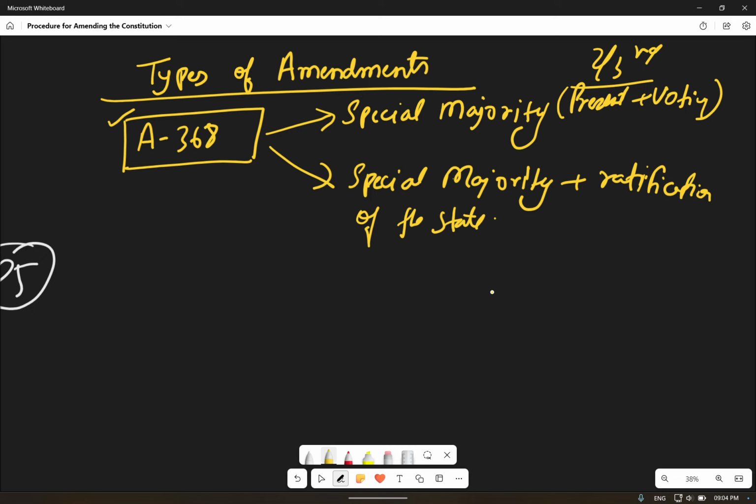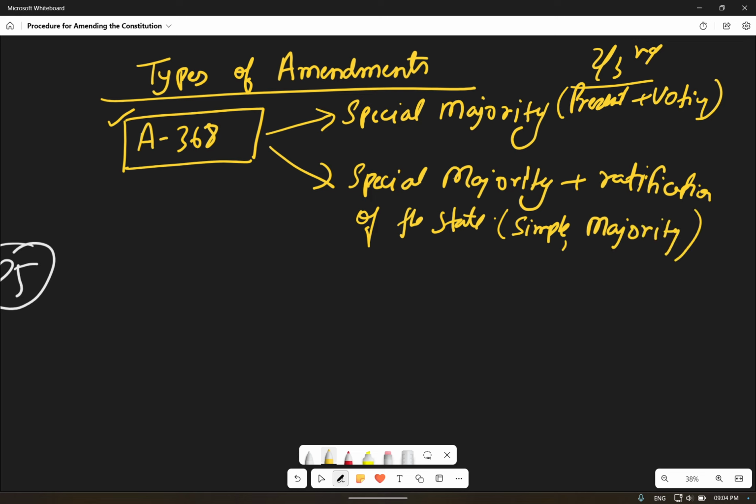So there are two flavors in which Article 368 amendments are made. The ratification by the state legislatures will be by simple majority.